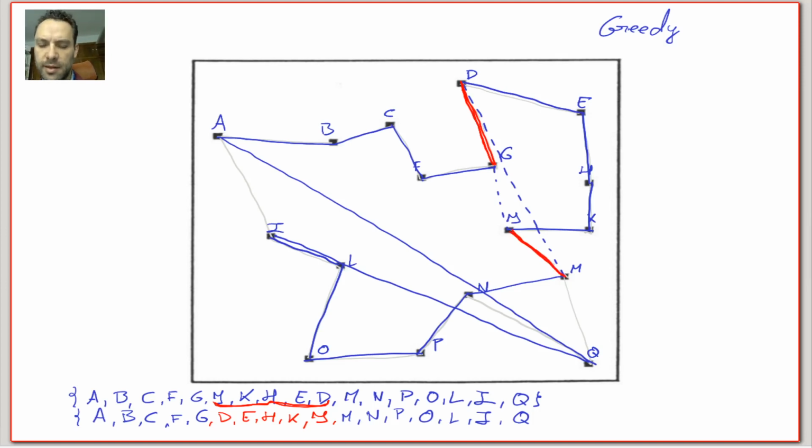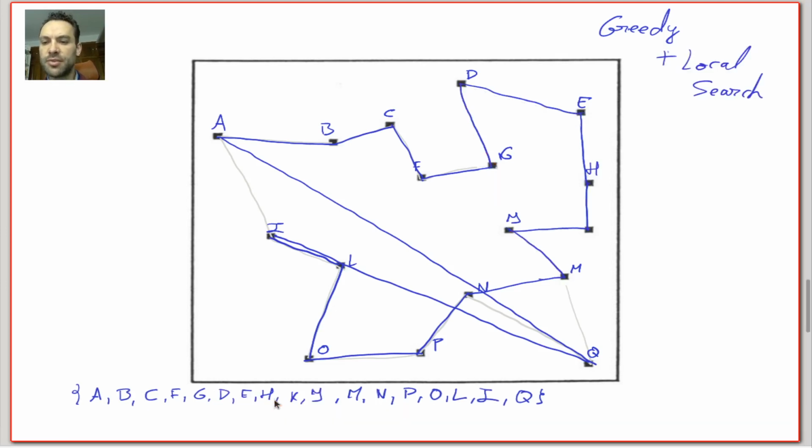So, well, here you can observe that this is an improvement because the sum of the cost of the red arcs is less than the sum of the cost of the arcs we have removed. So after this operation we obtain this new solution, which is better, and we could still try to improve this solution with other OPT operations.